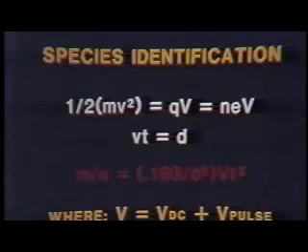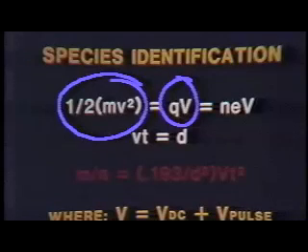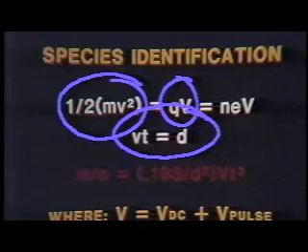You need a way of applying voltage to the specimen surface, and you need a distance over which the ion drifts, a field-free distance. And then the most mathematics that you need, right, is to know that the kinetic energy of the ion, 1/2 mv squared, is just its charge times the voltage you apply, the sum of the pulse plus the DC voltage. And velocity times time equals distance after the ion flies away from the surface.